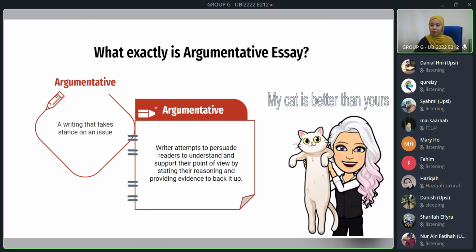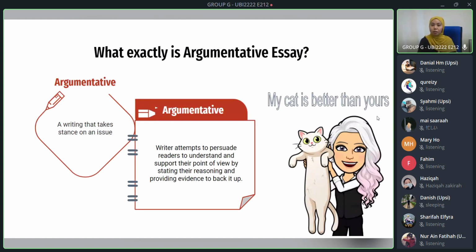So let's say this is my cat and me right here. My cat is better than yours. This is my argument. So what is my evidence? I don't simply say my cat is better, I love it. Okay, I love my cat, that's why it's better. I should provide reasons. My cat is way better because it's of the munchkin breed, with very short legs and very cute, and the fur is very soft.